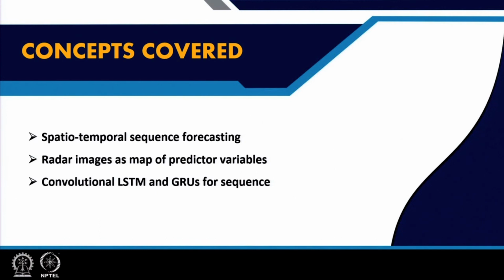In this lecture, the research papers that we are going to discuss do not specifically measure those variables, rather they use the remote sensing images, especially the radar images, directly, on which they apply the machine learning algorithm.